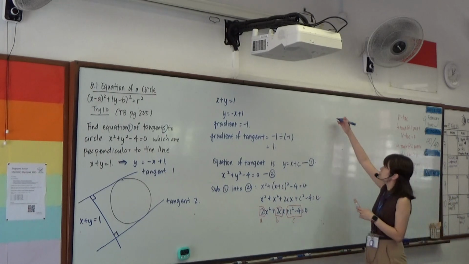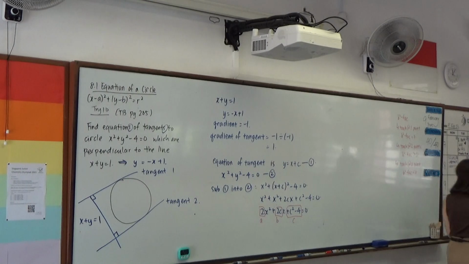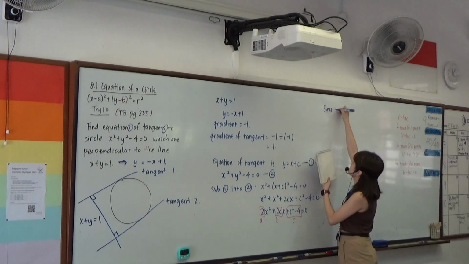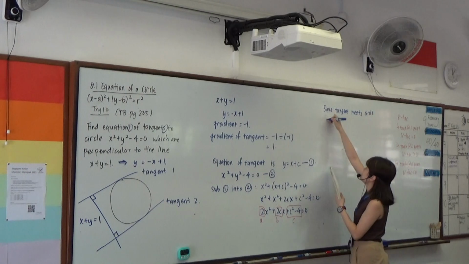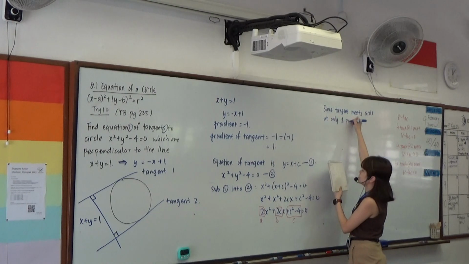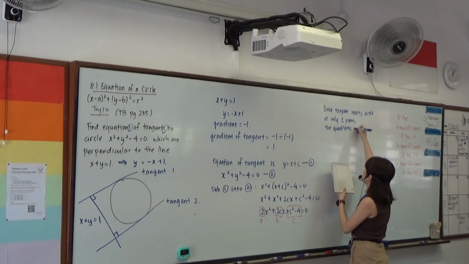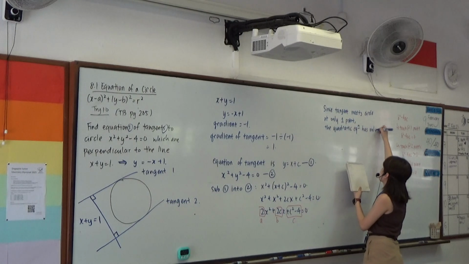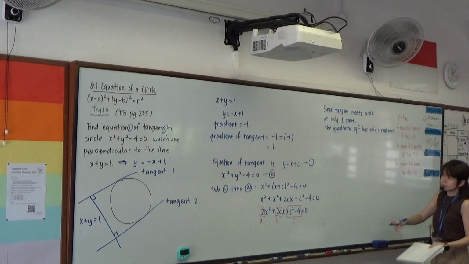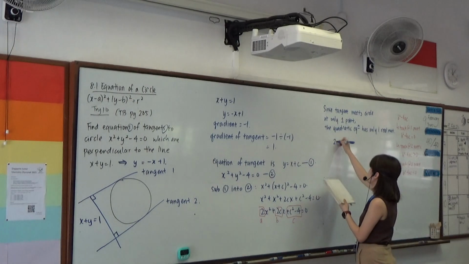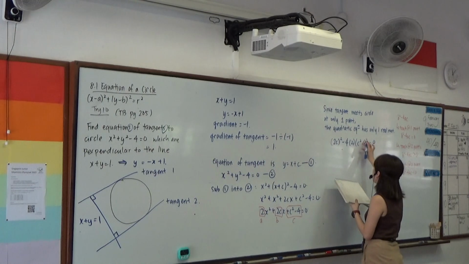Maybe I'll write it clearly: since the tangent meets the circle at only one point, there's only one real root. So b squared minus 4ac equals to 0.